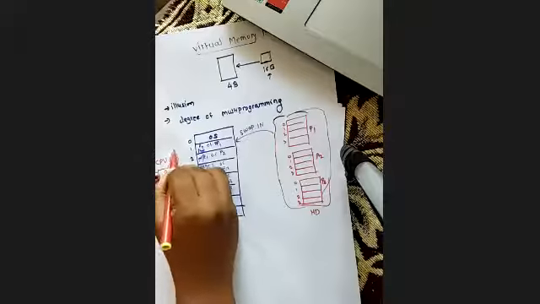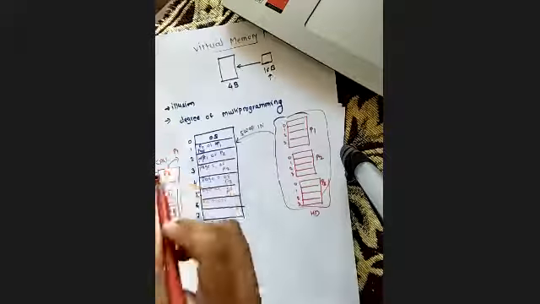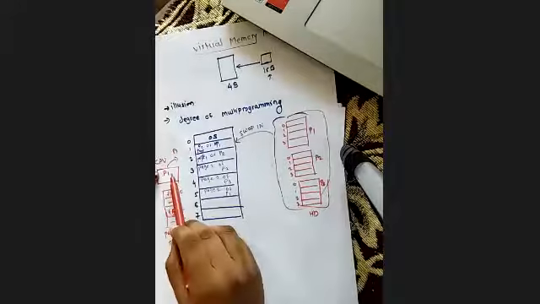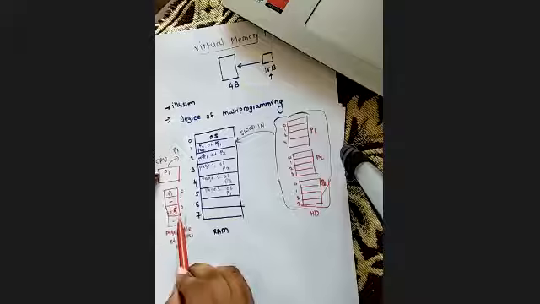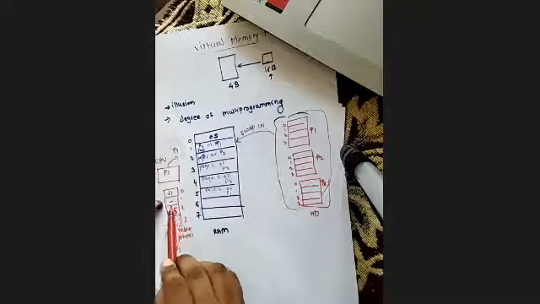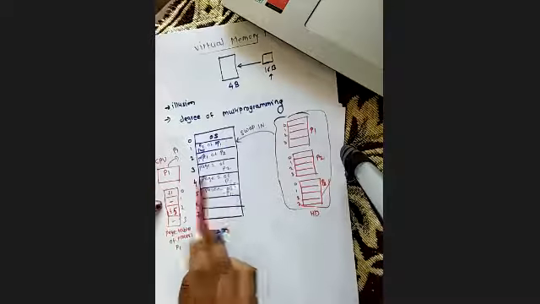So whenever, suppose now here P1 is asking for the page 1. Okay, क्या कर रहा है ये, इसको चाहिए page 1 of P1 process. So what will happen exactly after this? Now MMU is going to check into the page table. If it is available in the RAM, it will be provided.